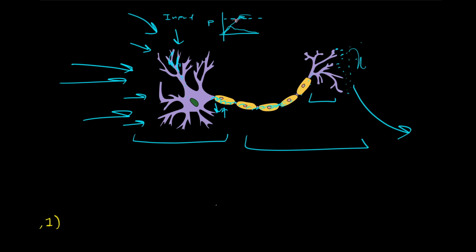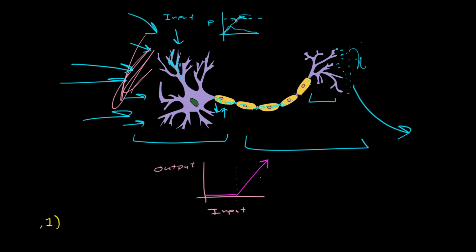If I made a graph of input and then output, meaning the stimulus going into the neuron over here, and output meaning the electrochemical potential that goes down the length of the neuron, the graph looks like this. If the input is too low, nothing, nothing, nothing, and then once it crosses a threshold, it goes up.